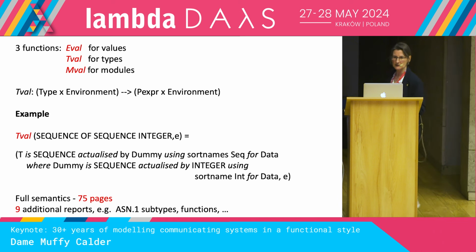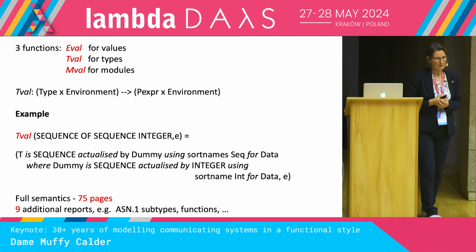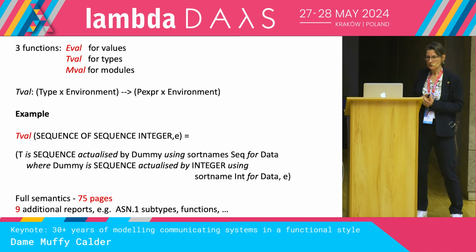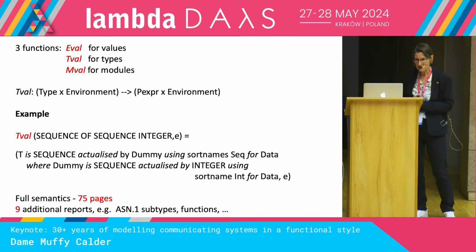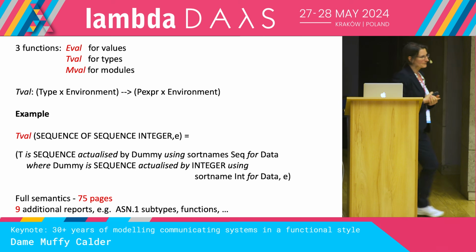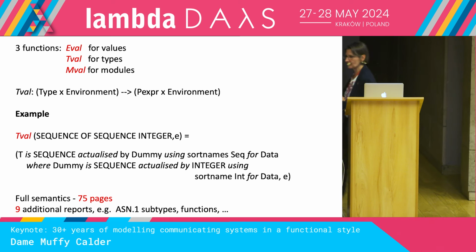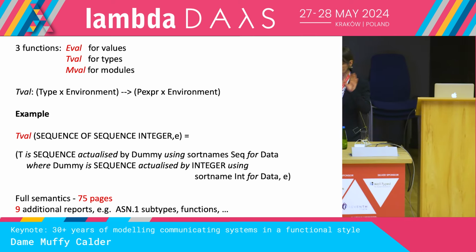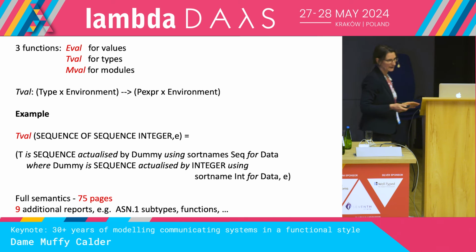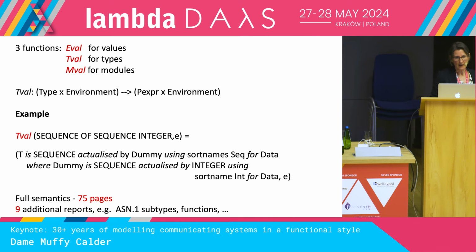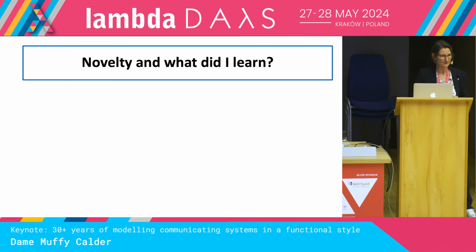So it's pretty standard. Now, as I said, I'm sparing you the details. The full semantics was 75 pages of lovely handwritten equations. I was ever so proud of them. I then did another 9 additional reports because there's lots of additional ASN1 features, subtypes, functions, etc. So that was the main report and 9 additional reports.